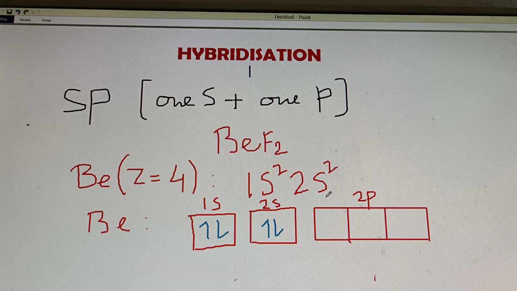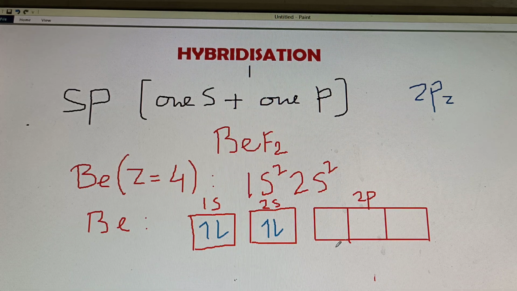In that case the 2s orbital will mix up with the 2pz orbital because they are in the same plane. So 2s will be mixed up with 2pz to give sp orbitals.